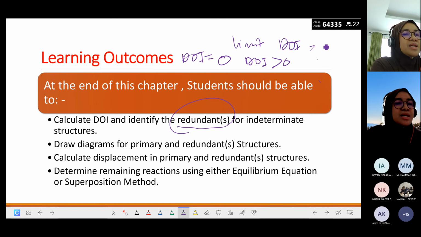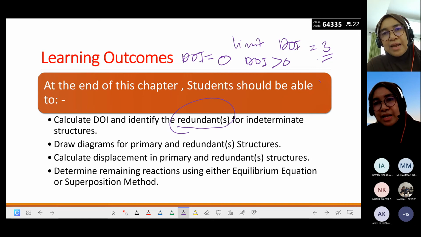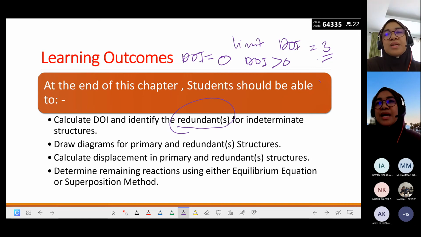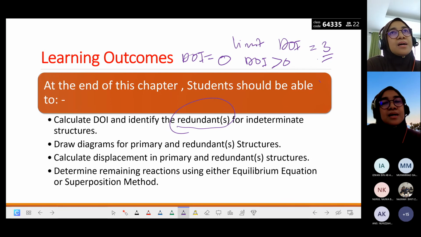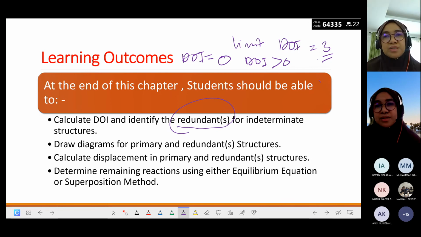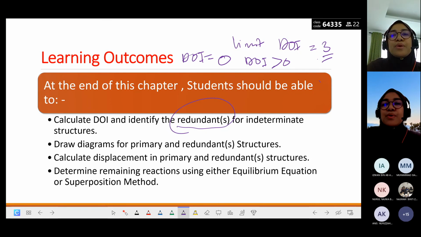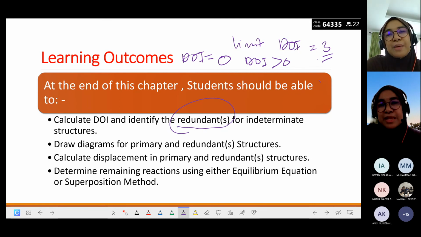We determine the redundant value using equilibrium equations, and we can only go up to 3 because we solve using simultaneous equations. If more than that, we will move to stiffness method.